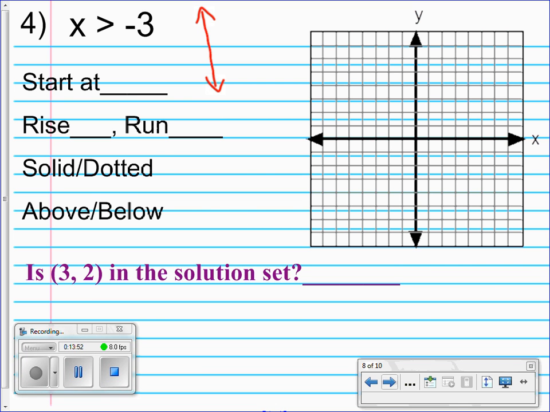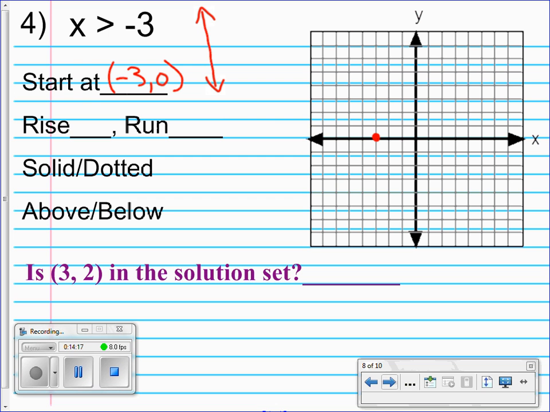There is no y-intercept for this. What I look at is what does x equal? Well, x is always going to equal negative 3. So my starting point isn't a y-intercept, but it's the x-intercept. Negative 3, 0.